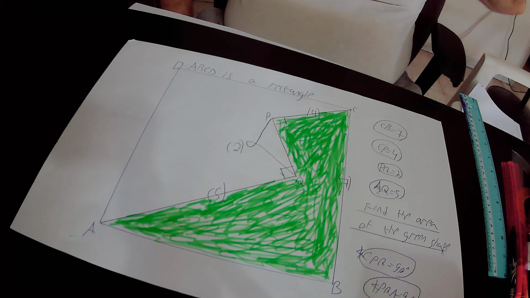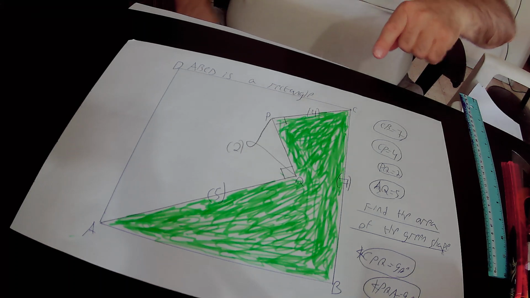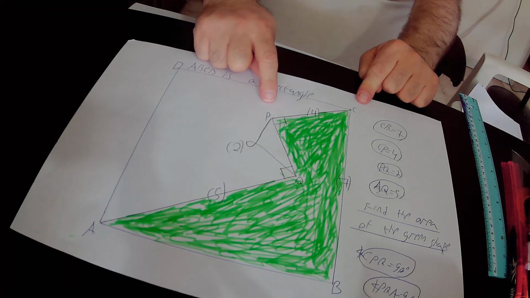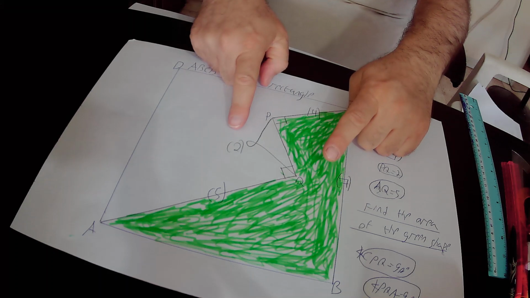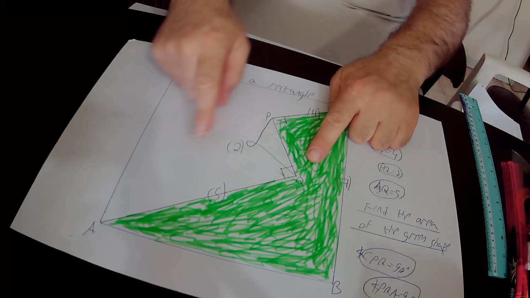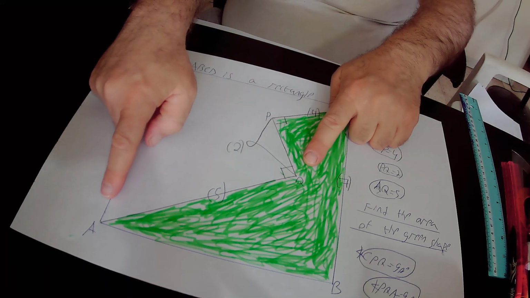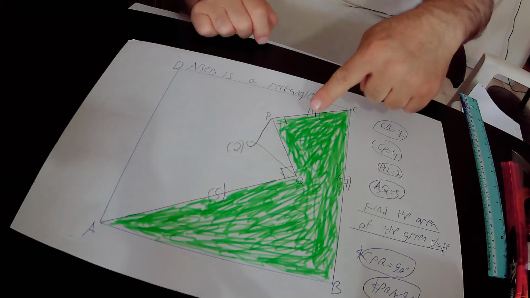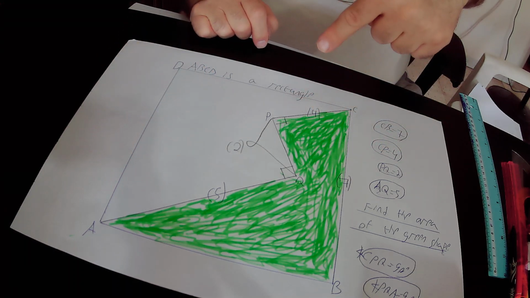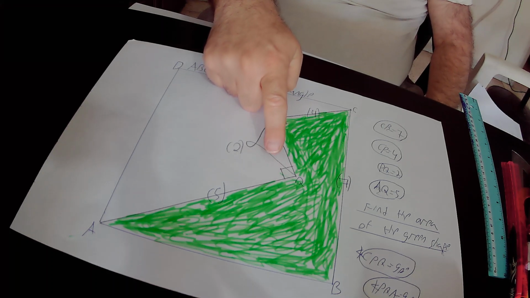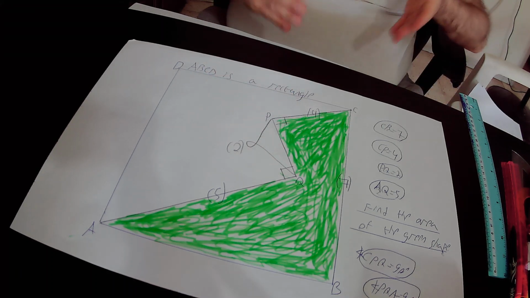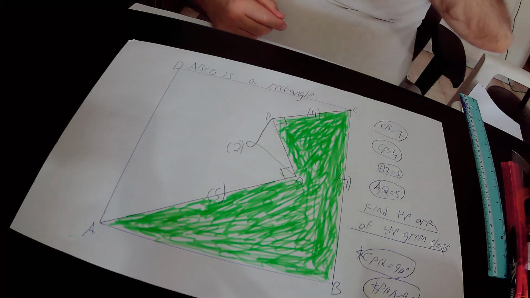In addition, inside this rectangle ABCD, we have line segment CP, which equals 4 units in length. This is line segment PQ, which equals 2 units in length. This is line segment QA, which equals 5 units in length. This is angle CPQ, a right angle, and this is angle PQA, which is also a right angle. Our mission is to find the area of this green shape.